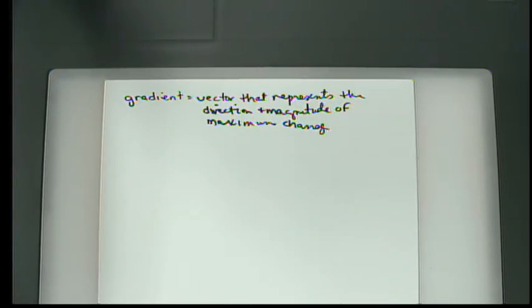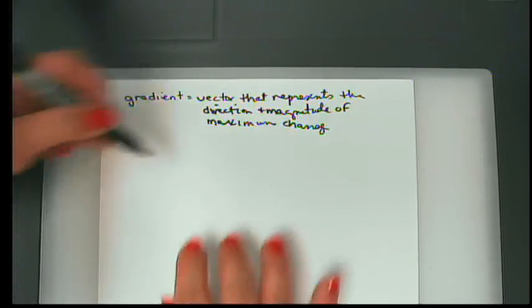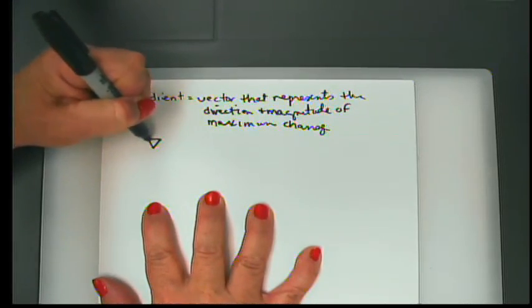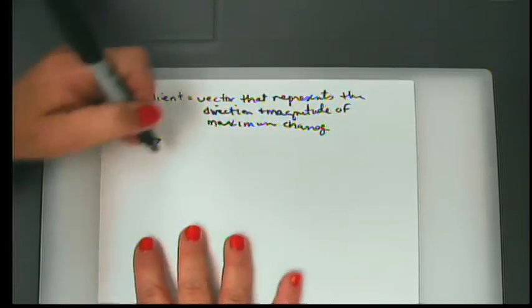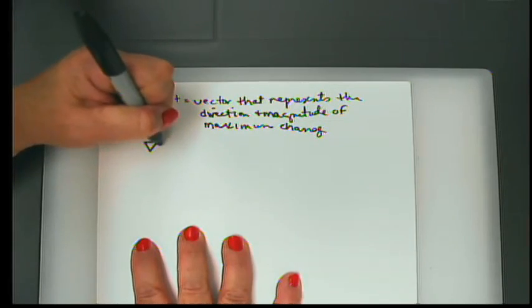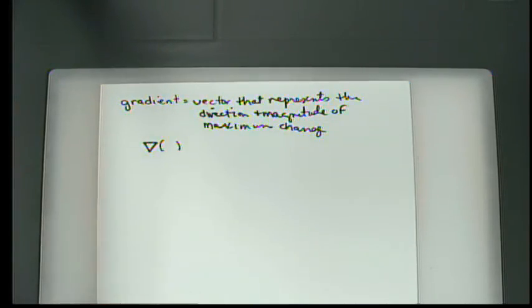And the mathematical symbol for gradient is del. And sometimes it'll have the parentheses after it, just indicating that it's a function of something else.